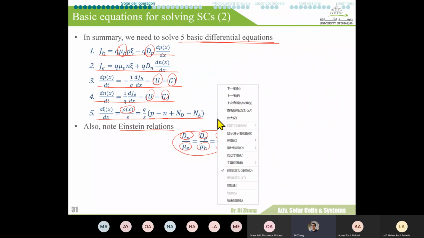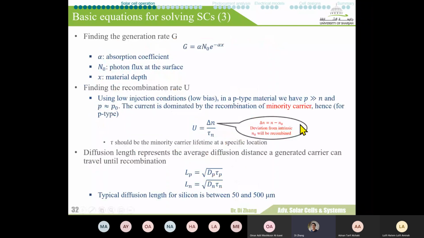To solve them, we need to take some approximation. First, for the generation rate, capital G, this is the expression we typically use to approximate it. So what does the equation say? Generation rate equals absorption coefficient.